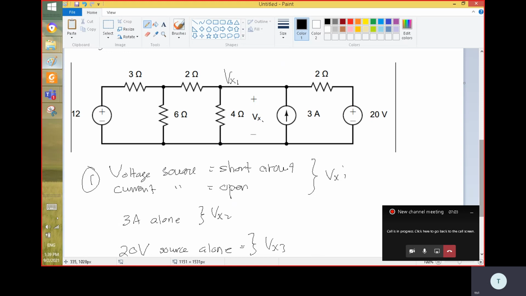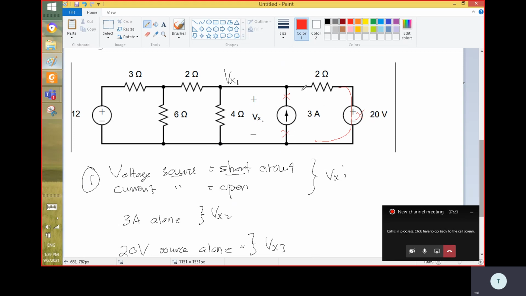But for the first step here, we assume the voltage source is short circuit. So this one is short circuit here. Remove this one, short circuit. And the current source, open circuit. So this current source here is open, take away this.